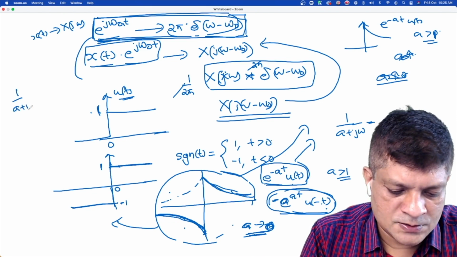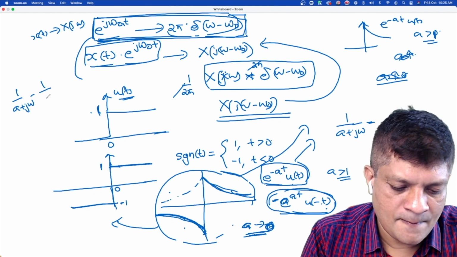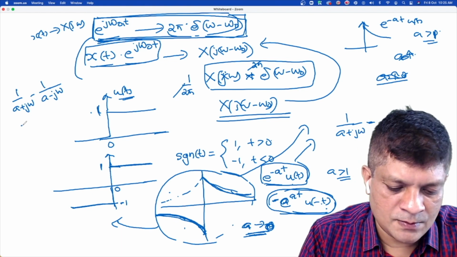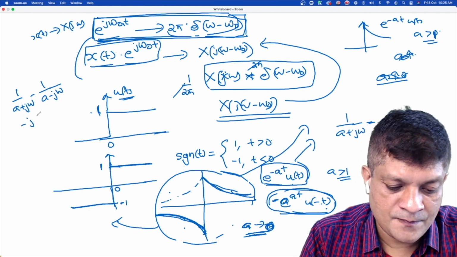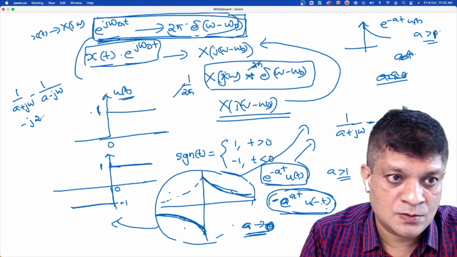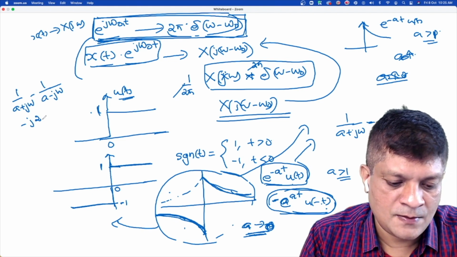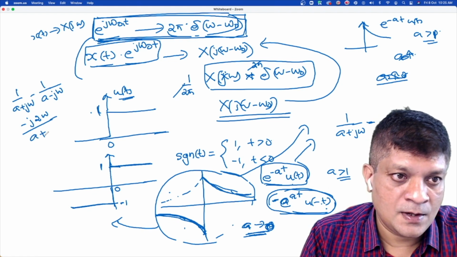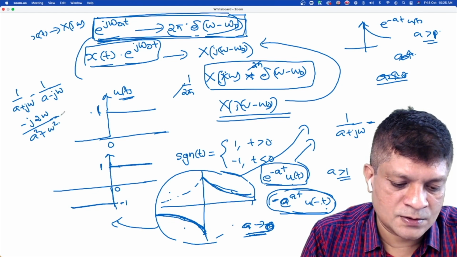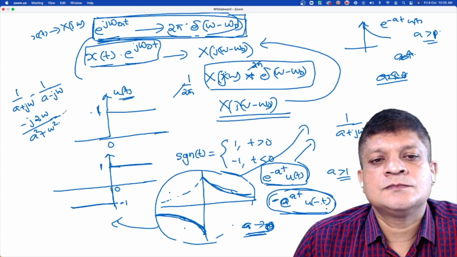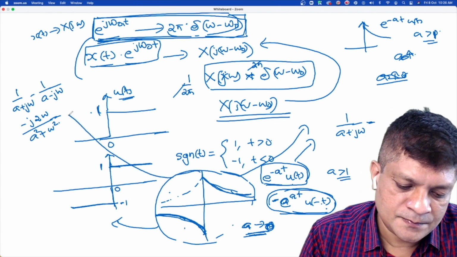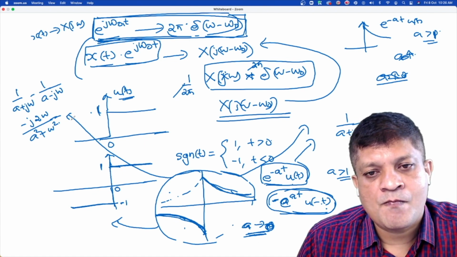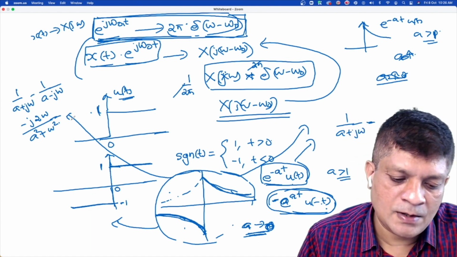1 upon a plus j omega minus, okay, and if you simplify this, you will get minus 2j omega divided by a square plus omega square, is it? That is the Fourier transform of this signal. Now what will happen as a tends to 0?